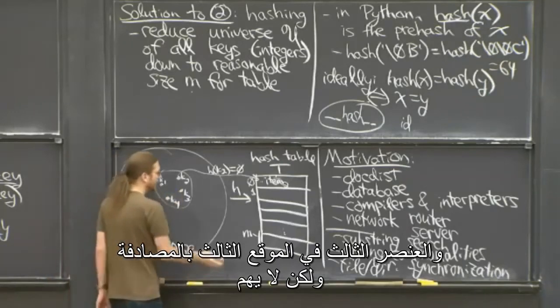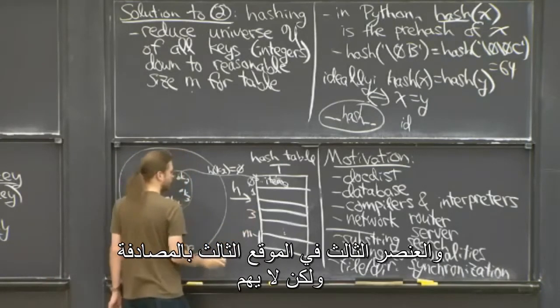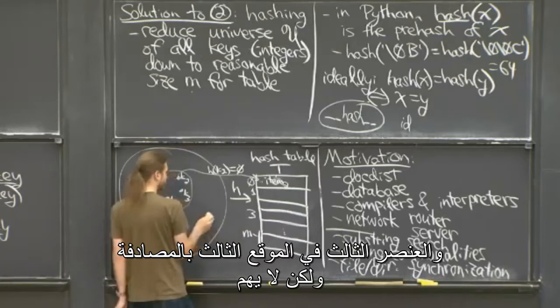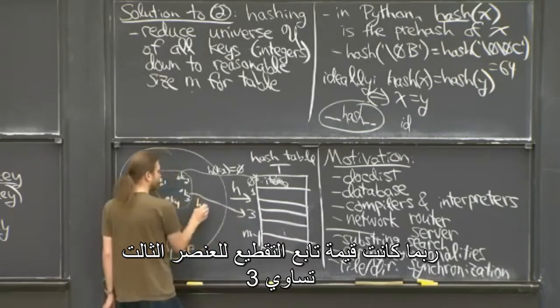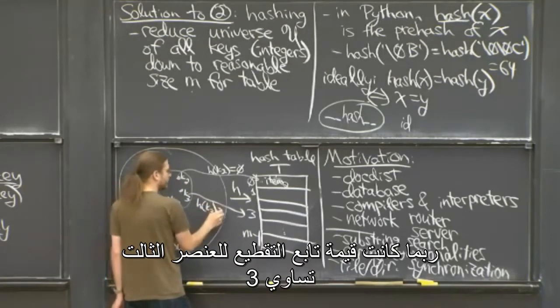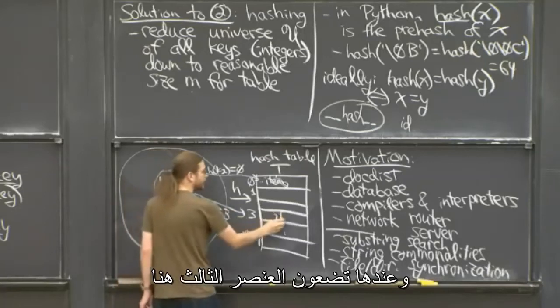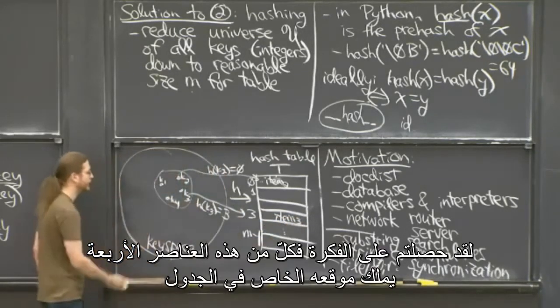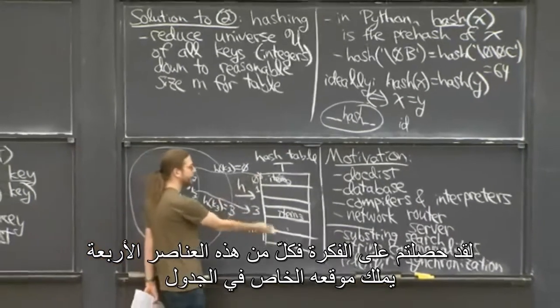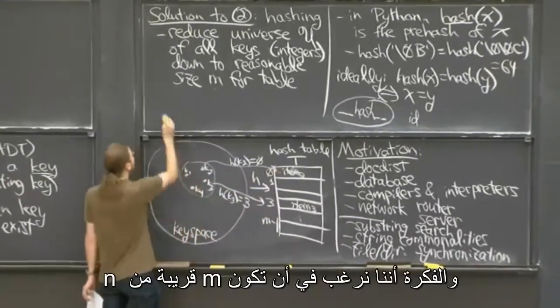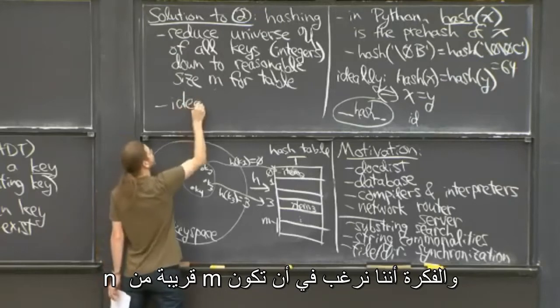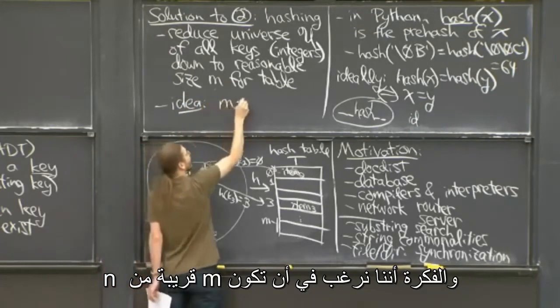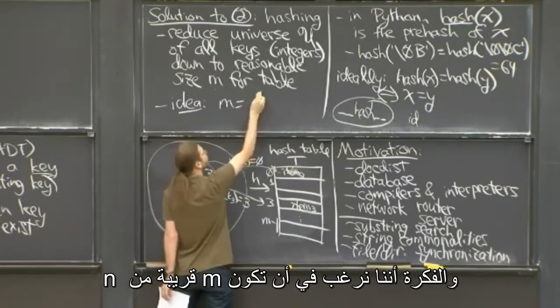Item 3, let's say it's at position 3, that would be a bit of a coincidence, but what the hell? Maybe h of K3 equals 3, then you put item 3 here. Okay, you get the idea. So these 4 items each have a special position in the table, and the idea is we would like m to be around n.